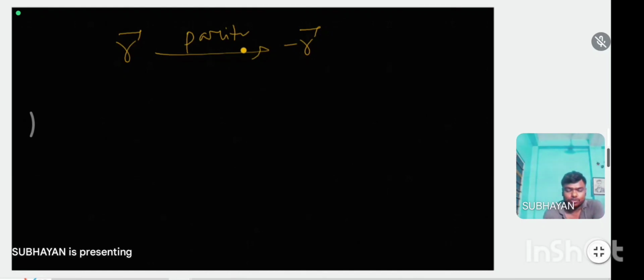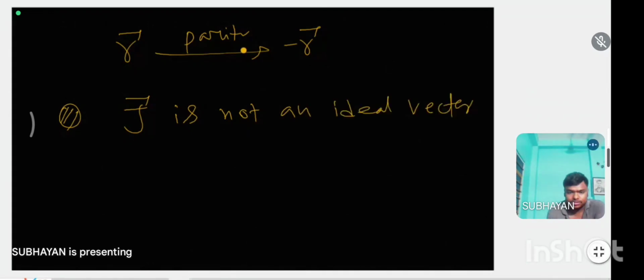So J does not essentially satisfy the properties of vectors. But one more thing is very important: the transformation of J is identical to that of a vector. So J is not an ideal vector, but it transforms like a vector.